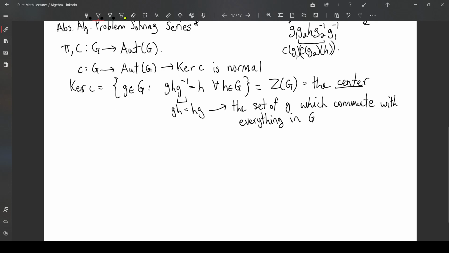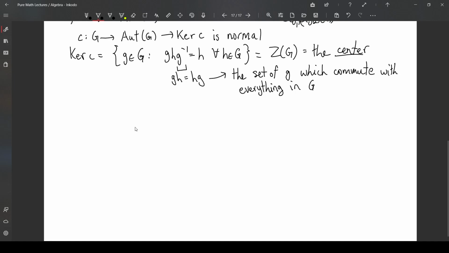Now let's get back into some more technical definitions. So we define the orbit of s in S to be the set Gs.